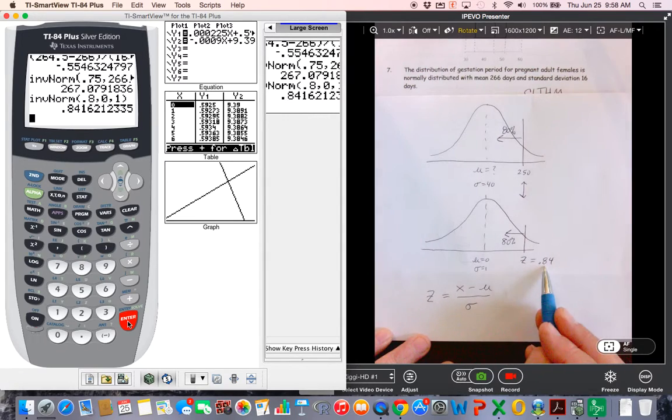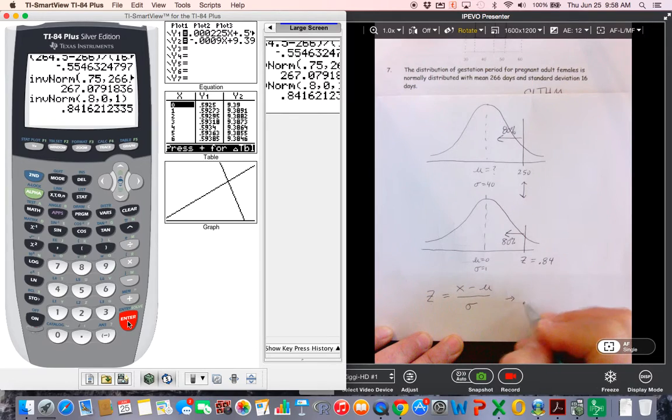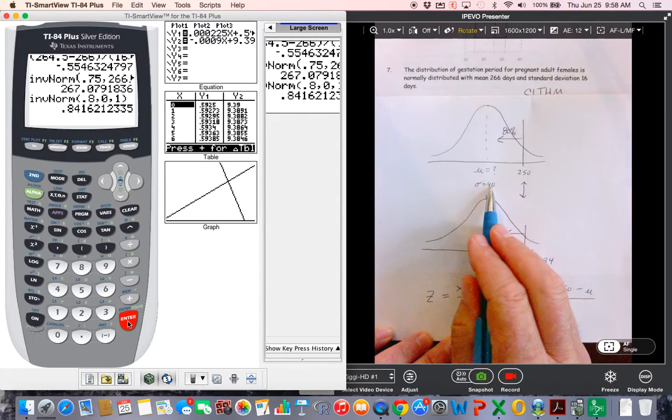So guys, we know the 0.84 is the z, so it's going to have to go right there. We know the score from the distribution is the 250. The mean of the distribution we don't know, so we'll just let it be mu. And we know that the standard deviation is given to be 40.